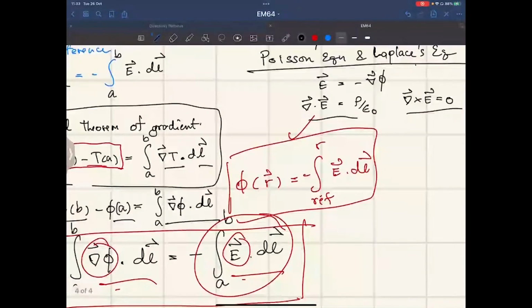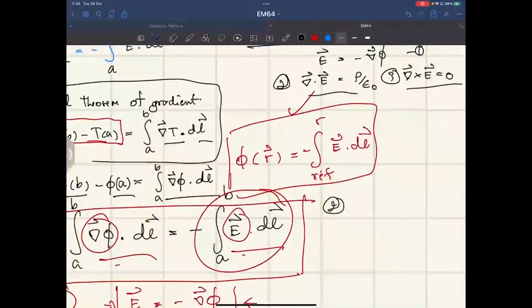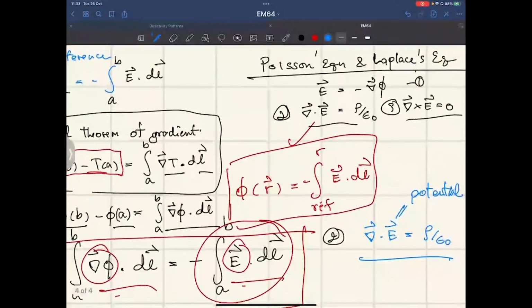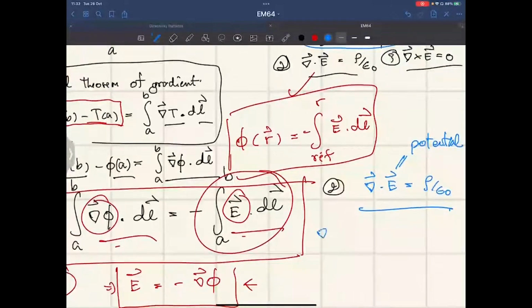Let me label this thing number 1, this thing number 2, this thing number 3. From number 2, divergence of E is equal to rho by epsilon naught. So we want to write this equation in terms of potential. How can we do that? We use number 1 here. We change all the electric field into potential. We have this.